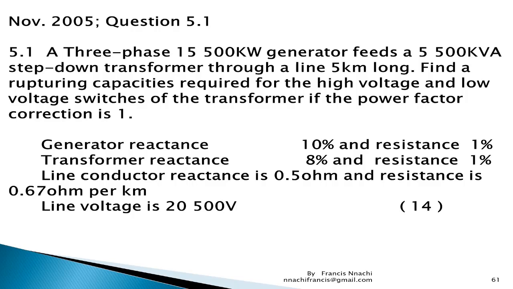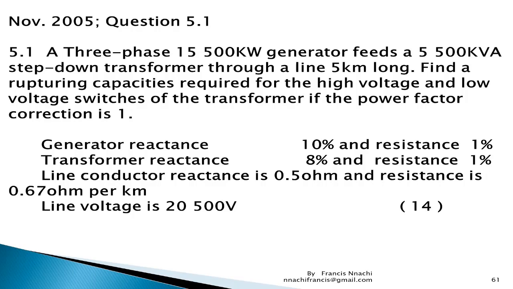Resistance, 0.67 ohms per kilometer. Okay, and then the line voltage is 20,500 volts.